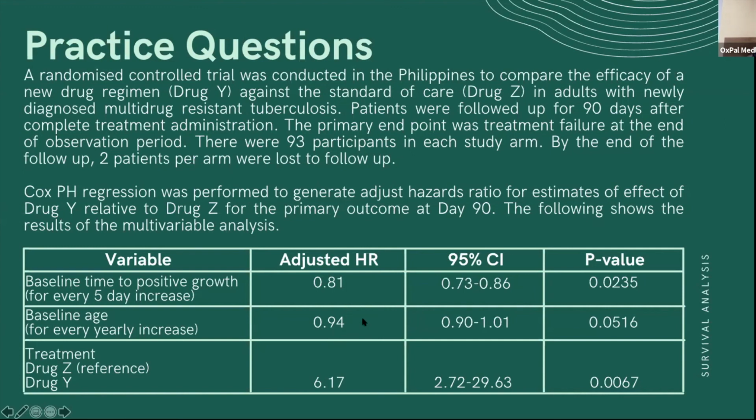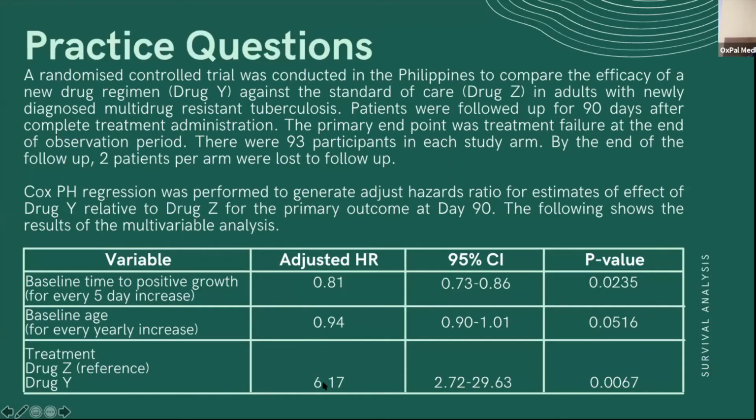And last, drug Y had a very high hazard ratio. In this case, it's 6.17, meaning those who received the new drug regimen experienced 6.17 times the likelihood of developing treatment failure.